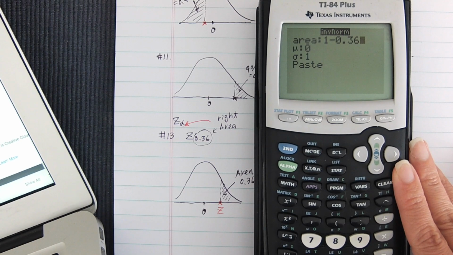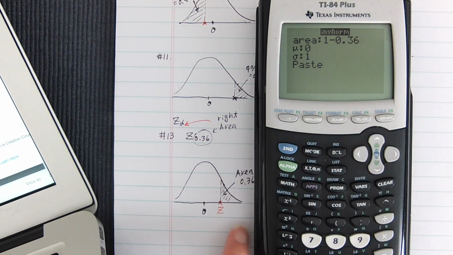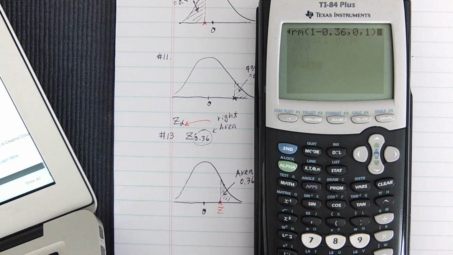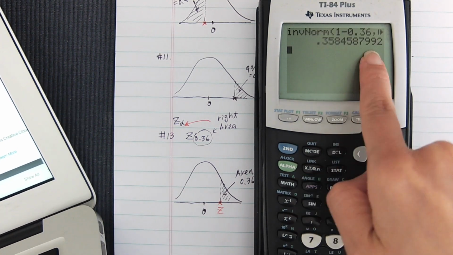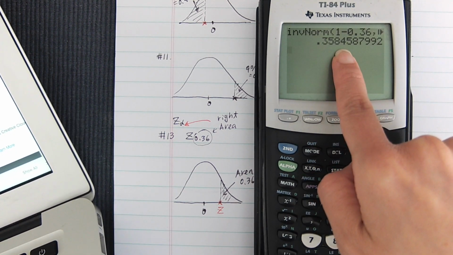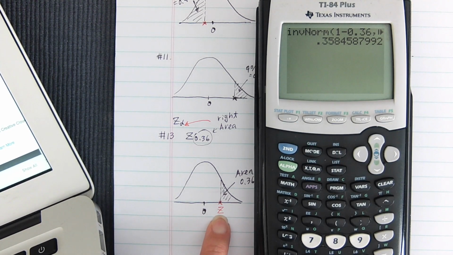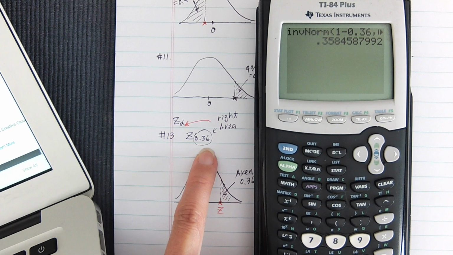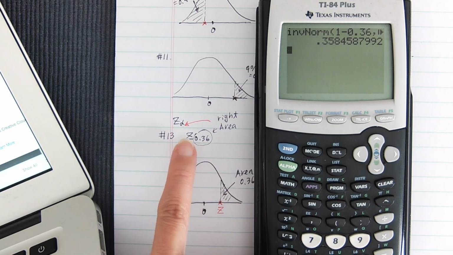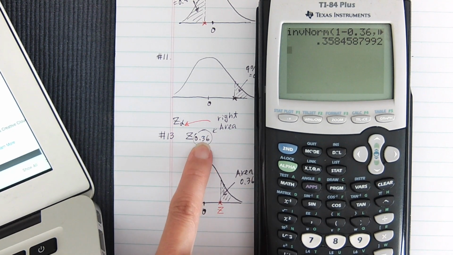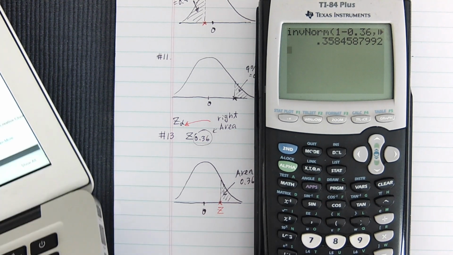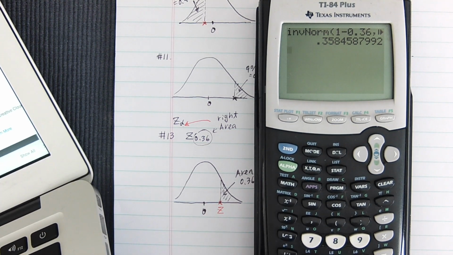So I put the 1 minus 0.36, and that's it. That's your answer. So that's this point. Just a notation, make sure you understand that it's a z-score where the right side area is given. That's what this means.